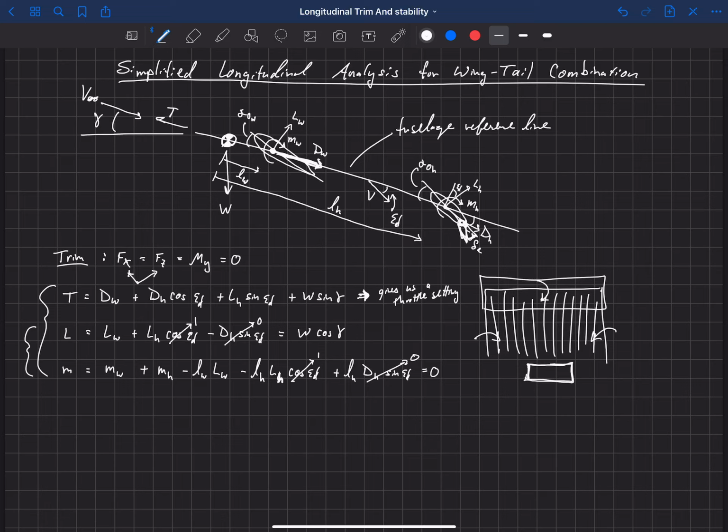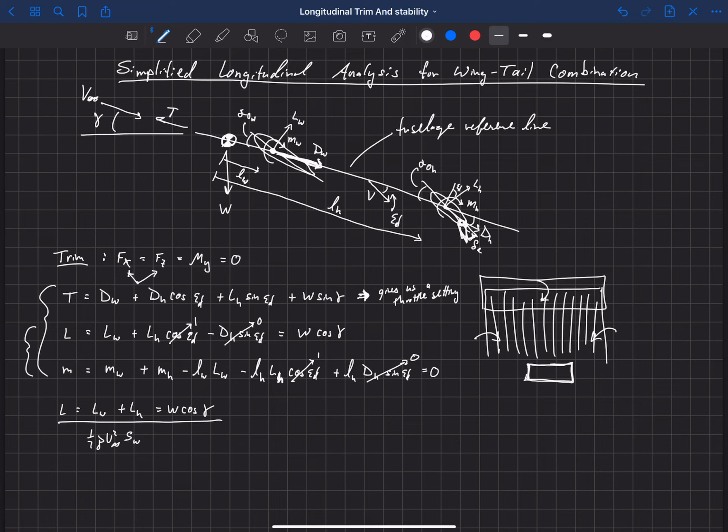Okay, so let's do one more thing before we move on. We like to write equations in non-dimensional form. So let's take the lift equation and write that in a non-dimensional form. The lift equation after we've applied the small angle approximation is simply L sub W plus L sub H is equal to W cosine gamma. And to non-dimensionalize this, we're going to use 1/2 rho v squared, that's the dynamic pressure, with v infinity squared, multiplied by the area of the main wing.